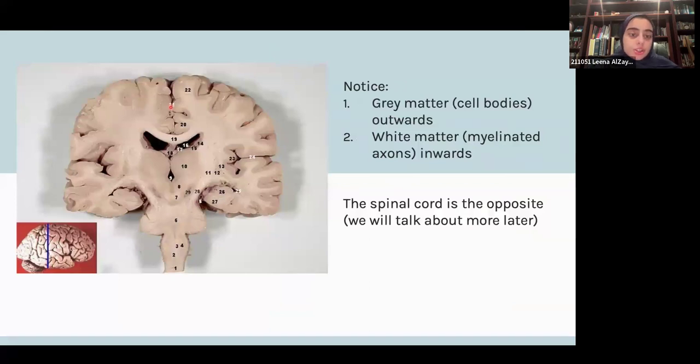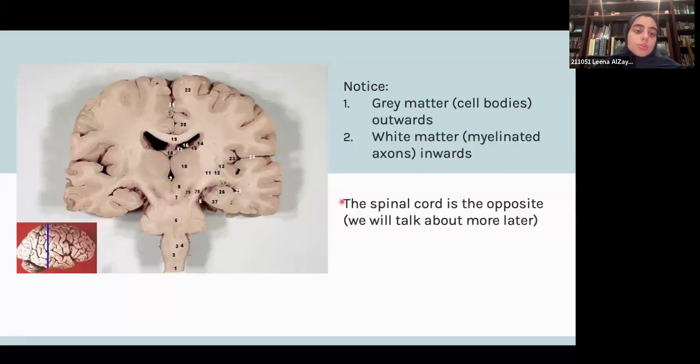So this is another section that I want you guys to interpret. Basically over here, you can see that the brain has gray matter outside and axons inside. So all the myelinated axon white matter is inside, and they go up to the cell bodies, which are on the outside.